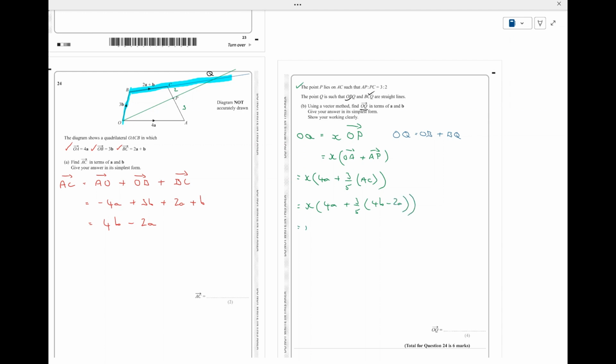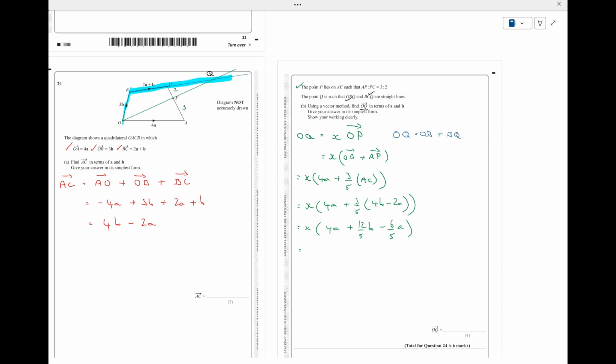So that is X times 4A plus 12 over 5B. They don't make it easy, do they? Minus 6 over 5A, which is going to be 4 minus 6 over 5A's.